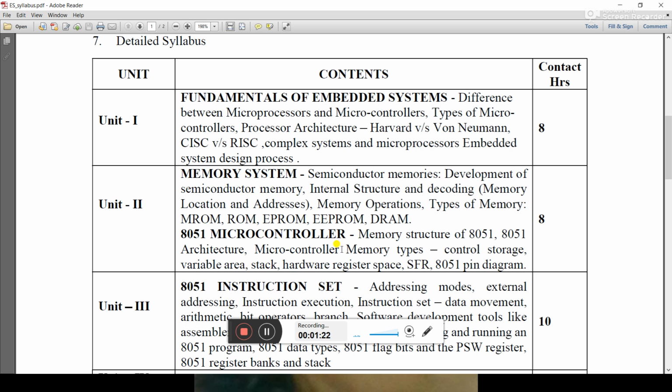You will find many interesting things about embedded systems. As part of embedded systems you will learn about the 8051 microcontroller, and another important thing is the memory system, which needs to be understood for our instructions. Okay, so now let's start with the semiconductor memories.